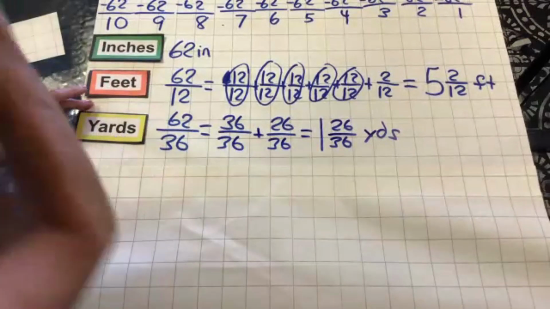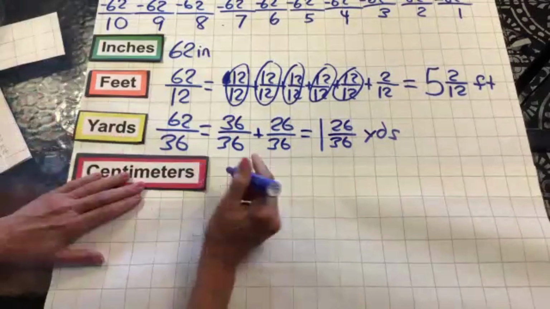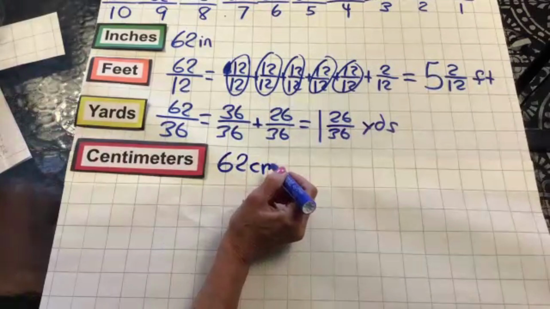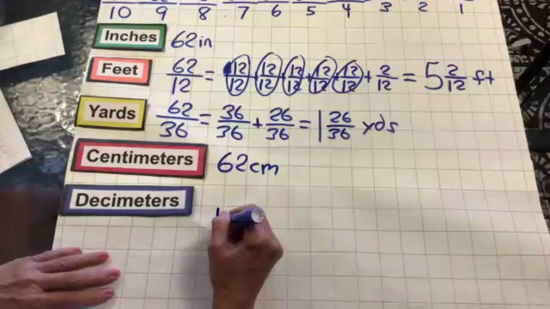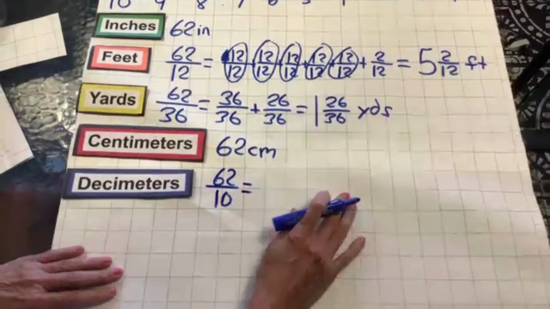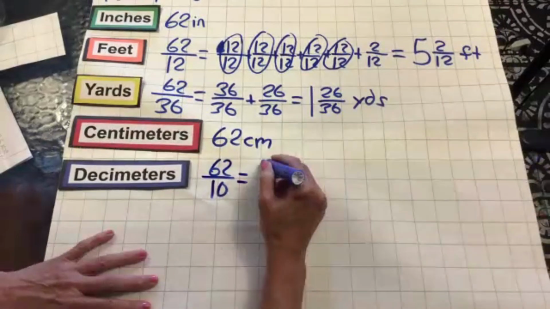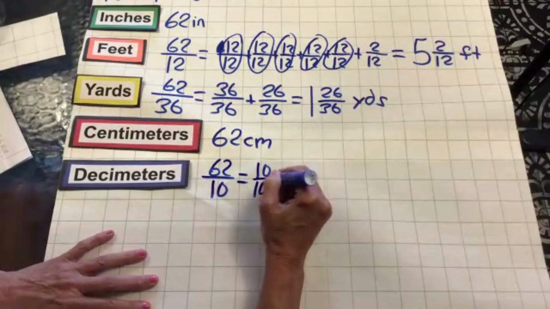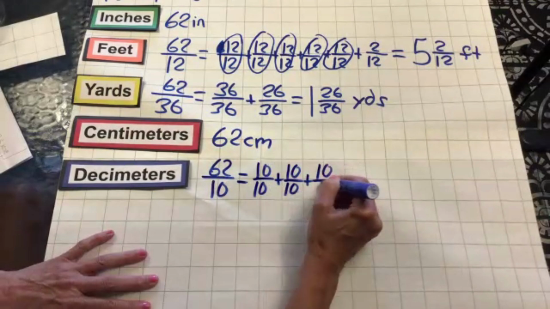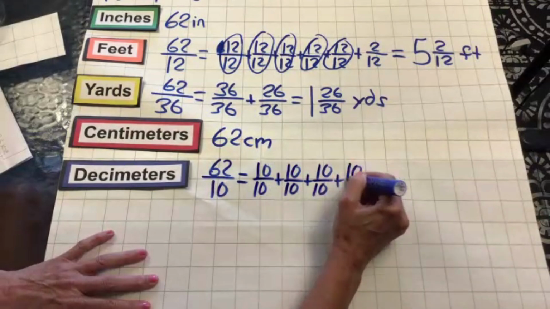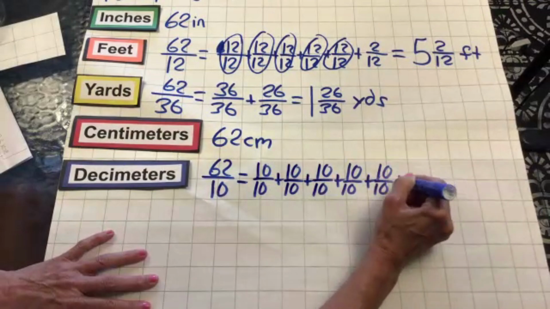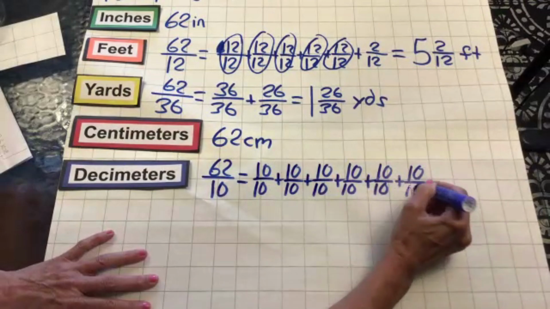Let's move on to our metric form, which is centimeters. We're going to do 62 centimeters. We know it takes 10 centimeters to make a decimeter, so we're going to break this apart into tens. So we have 10 tenths plus 10 tenths, which is 20, plus 10 tenths, which is 30, plus 10 tenths, which is 40, plus 10 tenths, which is 50, plus 10 tenths, which is 60.